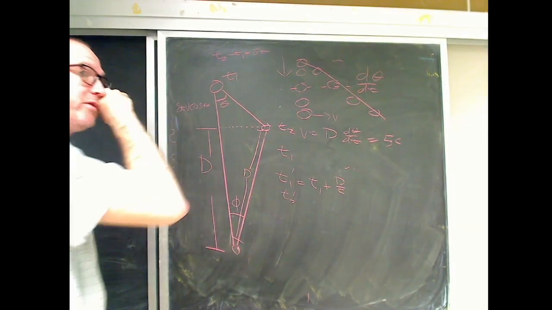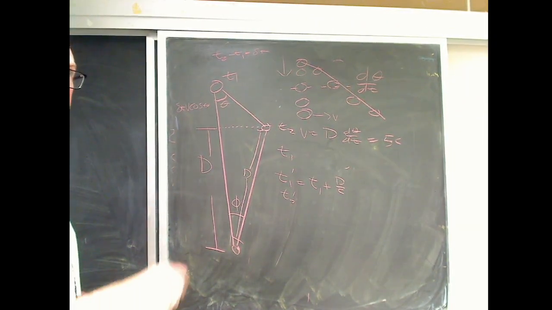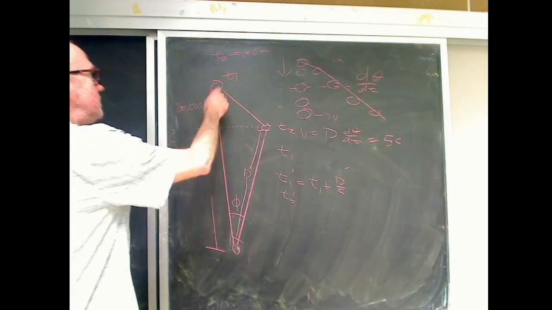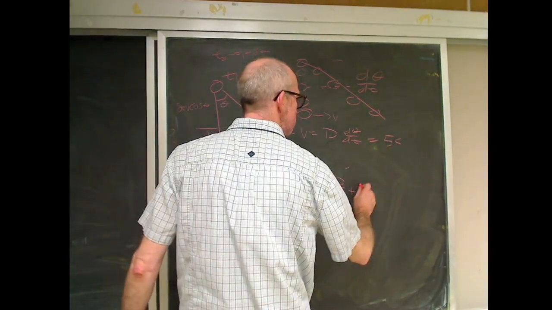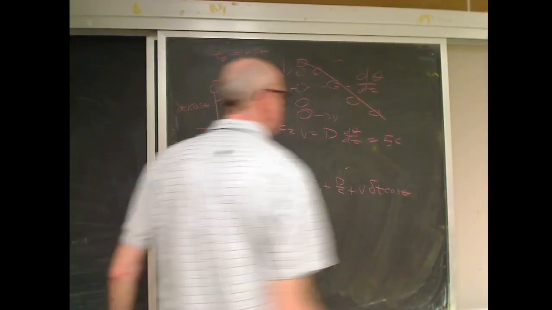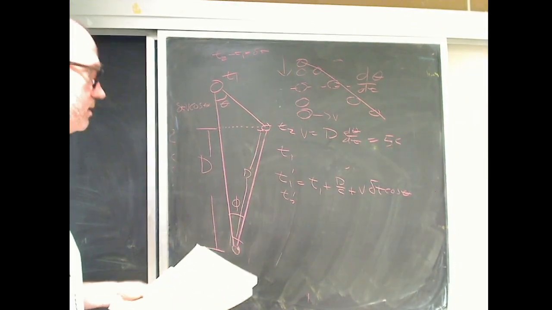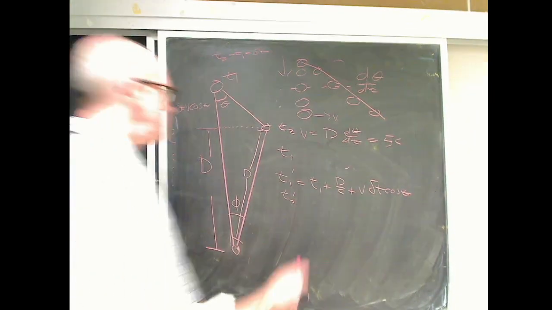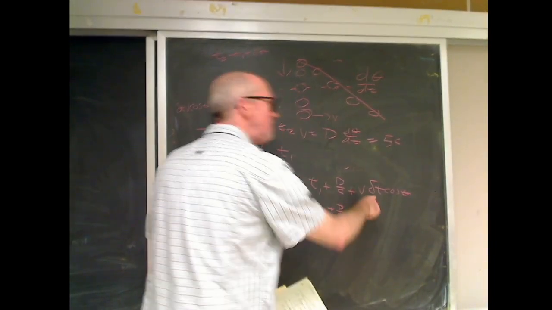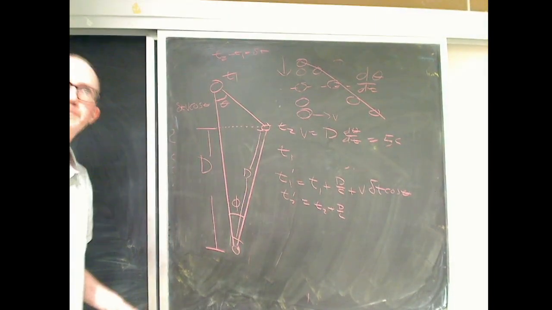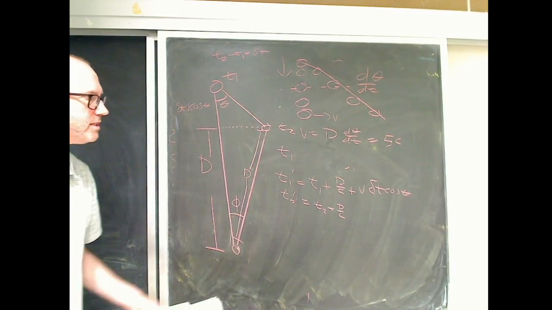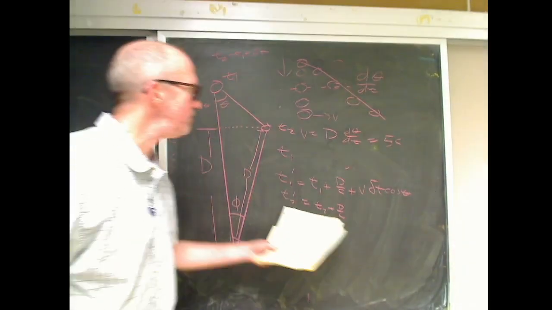That's the difference between when the first photon was emitted and when the photon was emitted afterwards. So this distance here plus v delta t cosine theta. And T2 is T2 plus d over c, but it doesn't have the v cosine theta. That's where the magic shows up. This guy hides a lot of the motion.